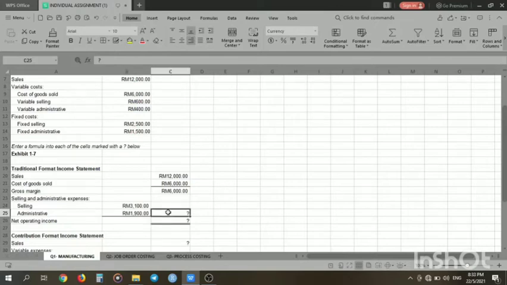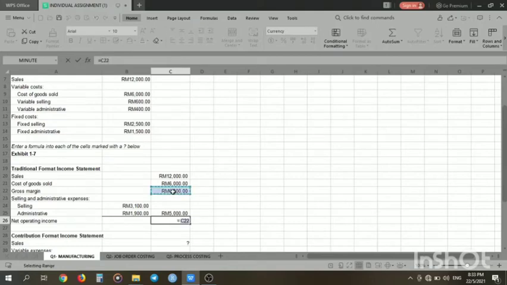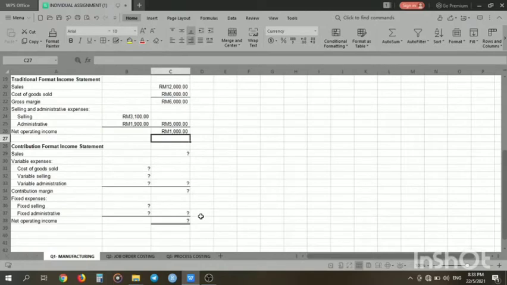For the total of selling and administrative expenses, selling plus administrative, and we get 5,000 ringgit. To get net operating income, gross margin minus the total of selling and administrative expenses equals 1,000 ringgit.